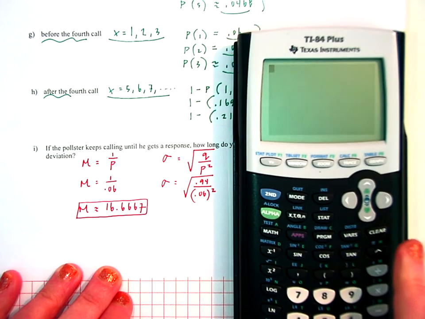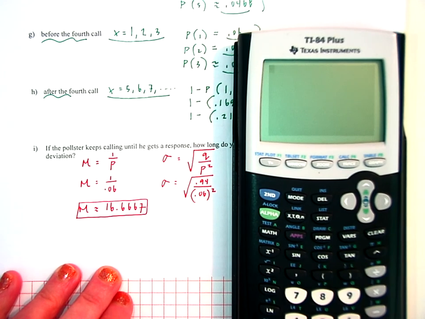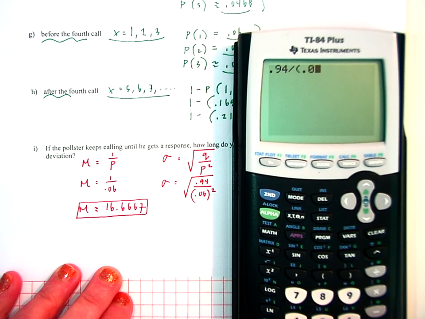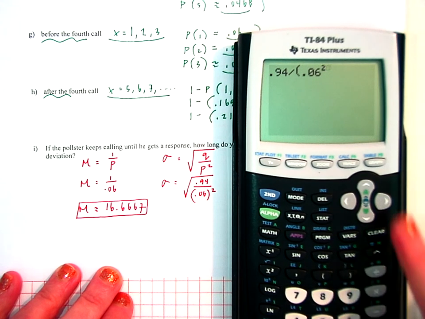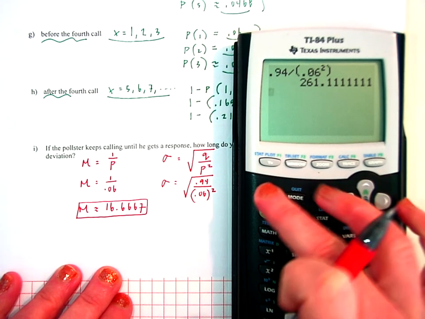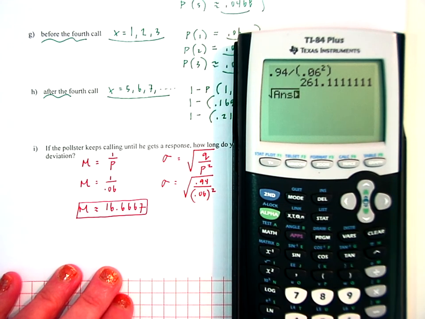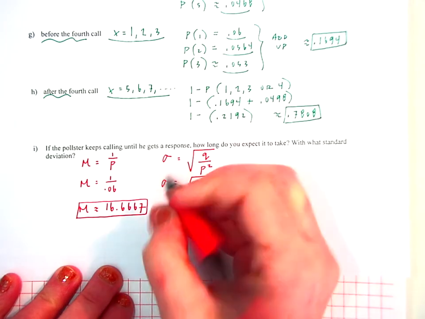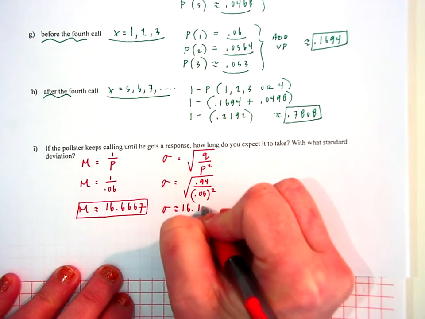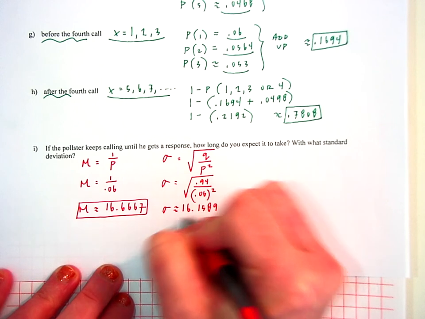I usually start with the 0.94, and then I'm dividing it by the package of 0.06 squared. If I type it in like this, that's what's going under the square root, and then I square root that answer. So I'm getting about 16.1589. So standard deviation is about 16.1589.